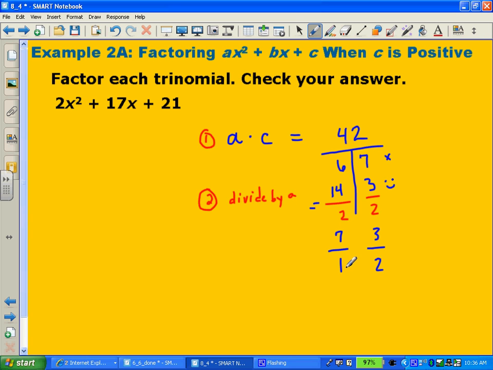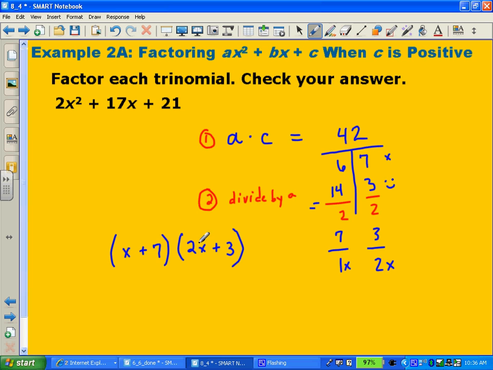Now what I have here, the bottom numbers, my denominators, are the ones with the x's. So in my first binomial I would have x plus 7. In my second binomial I would have 2x plus 3. And that's the factored form of this trinomial.